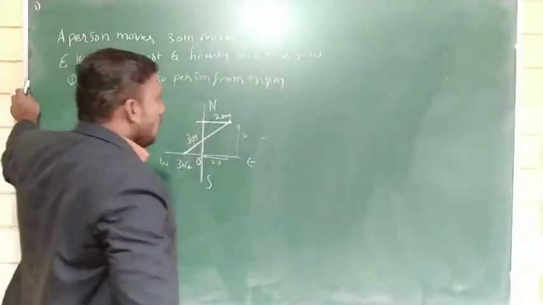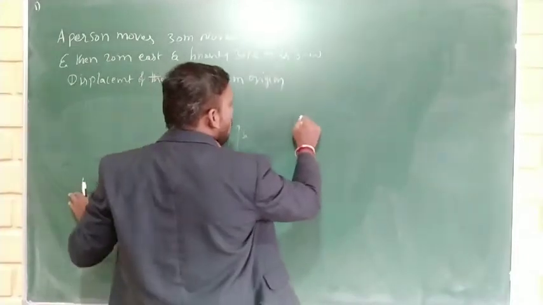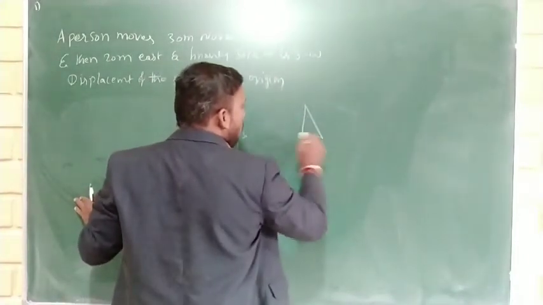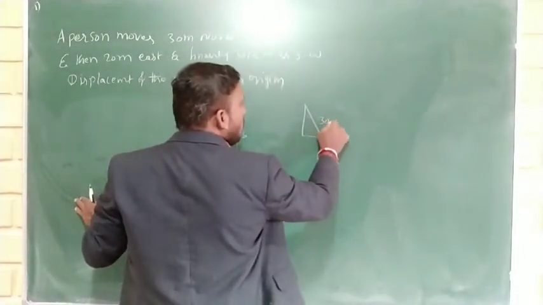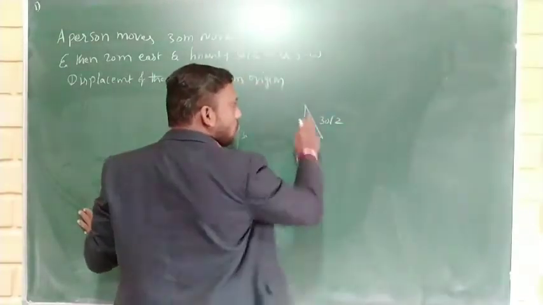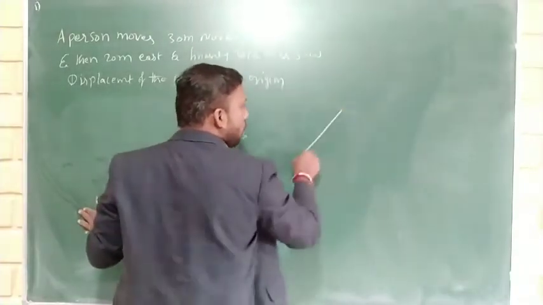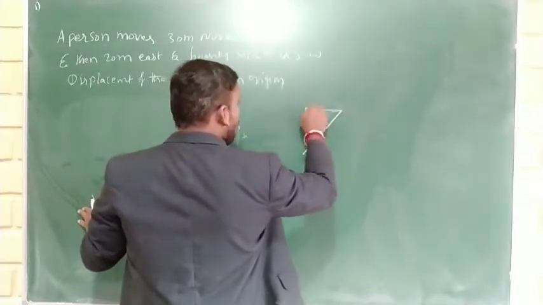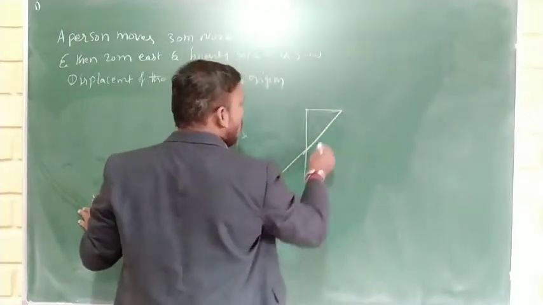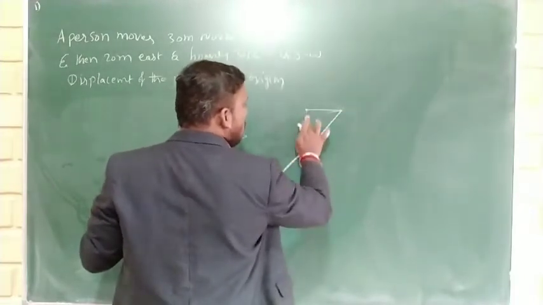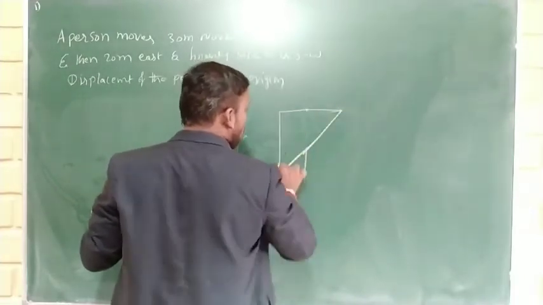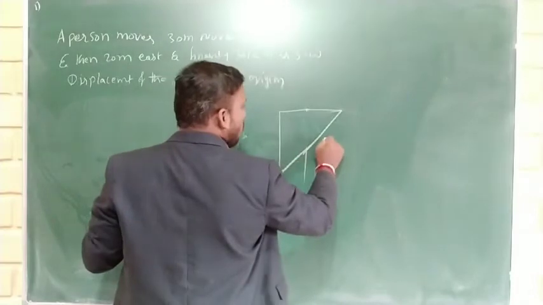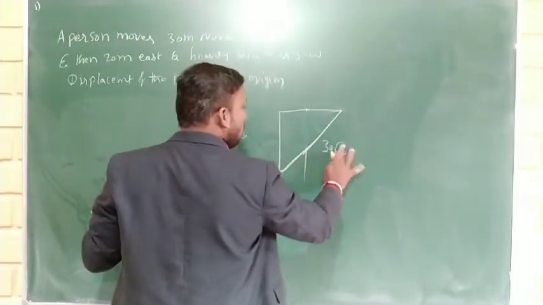30 root 2 can be obtained by Pythagoras theorem. Imagine this length is 30 root 2.